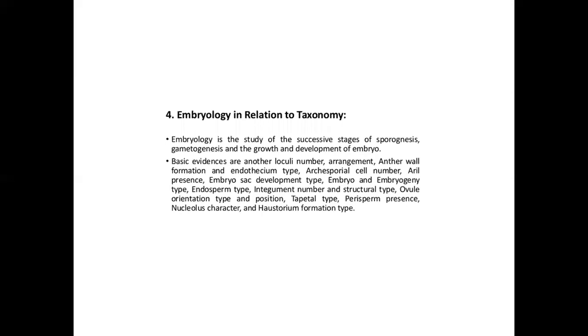Embryology in relation to taxonomy. Embryology is the study of the successive stages of sporogenesis, gametogenesis, and the growth and development of the embryo.